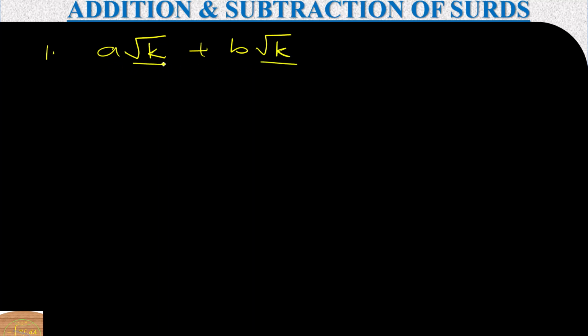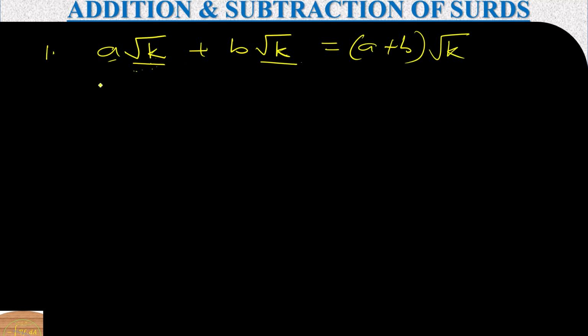Okay, so let's check the root sign. We have root k here and root k here, so we can add the coefficients. So we have a plus b, then we pick one of the radicals here, so we have √k.